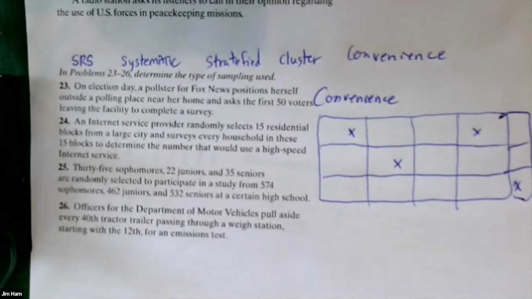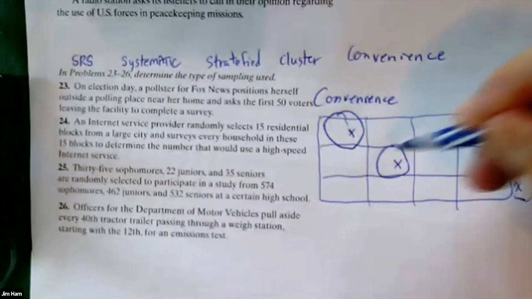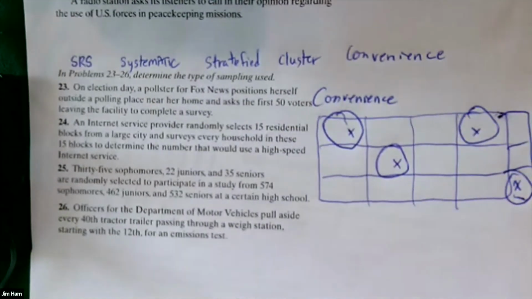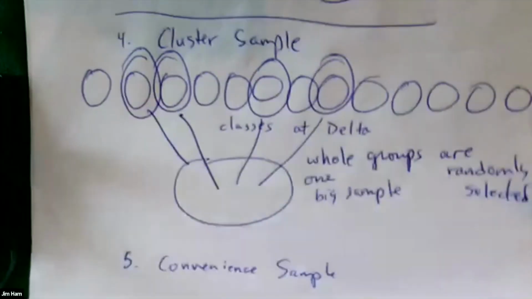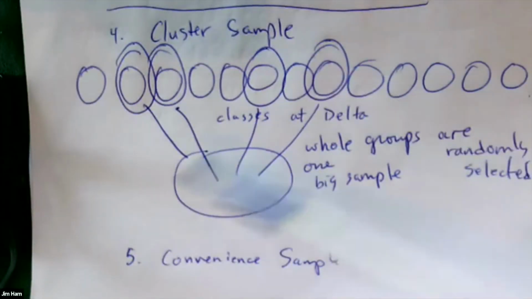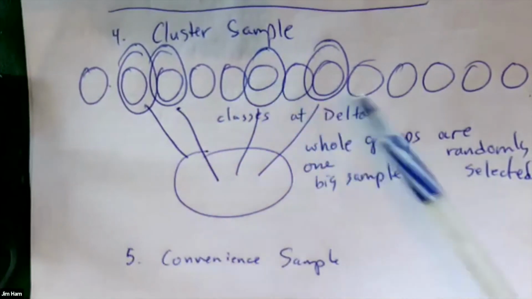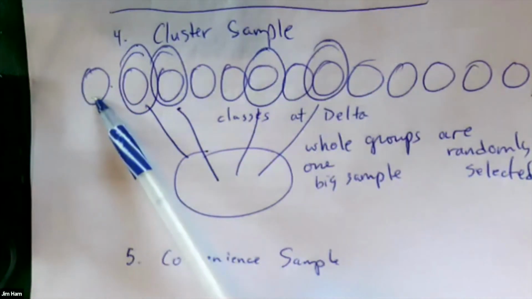Maybe it looks something like that. They randomly select these whole blocks, and then everybody in these blocks is surveyed to find out if they have internet service. So the randomness comes in selecting these random groups and asking everybody. This is another example of the cluster sample. Each one of these individual pieces is not a class in this example, but an individual block.